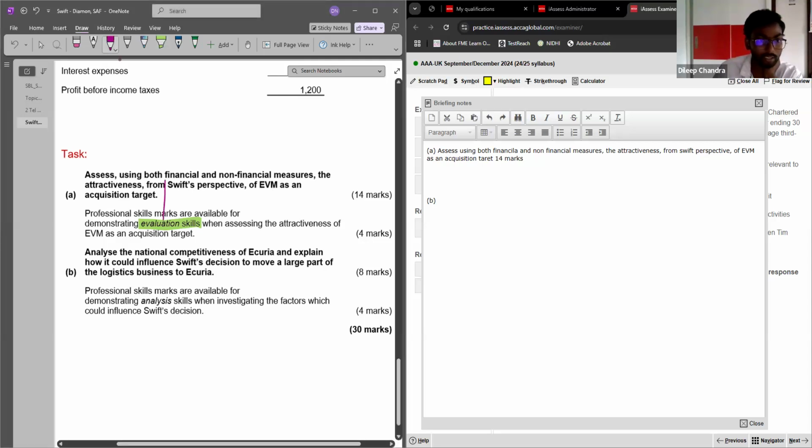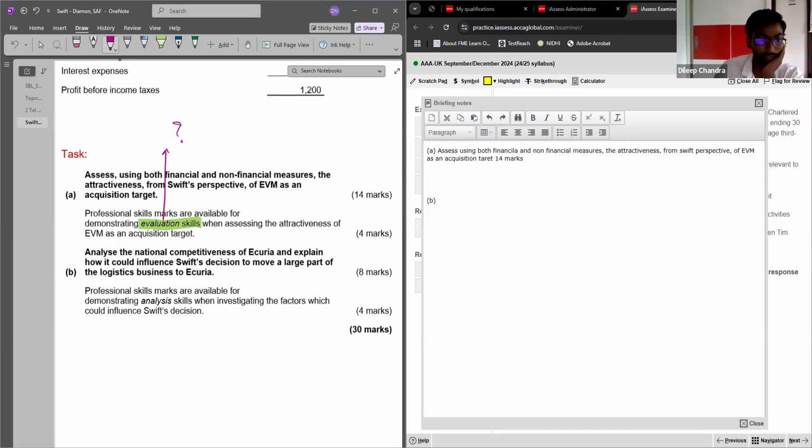So we have to know what this evaluation skill is. How can we achieve these professional marks? To simplify, evaluation is nothing but talking about positives and negatives of an aspect. You have to talk about positives of an aspect, at the same time negatives of an aspect, and give your opinion.